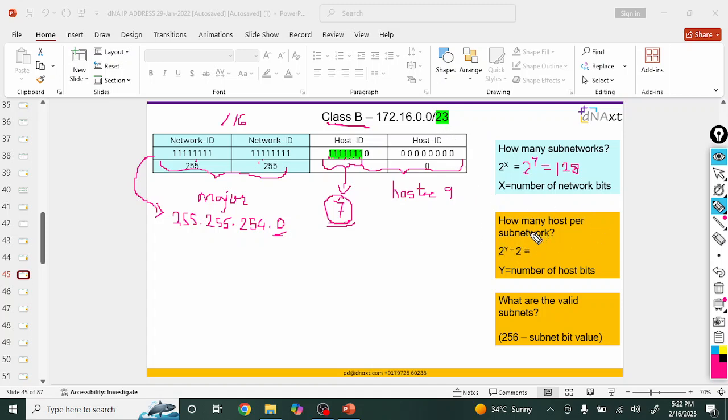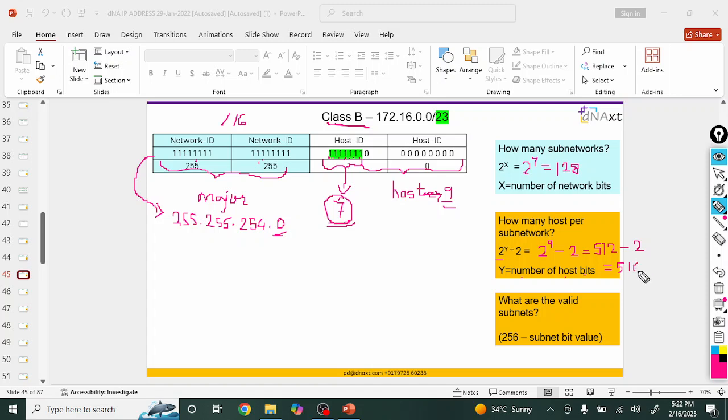How many hosts per subnetwork? The formula is 2 to the power y minus 2, and y is the number of host bits. How many host bits do we have here? 9. So 2 to the power 9 minus 2. 2 to the power 9 is 512, and we always subtract 2 from this number of hosts, because in each subnetwork one IP is designated as the network ID and another is the broadcast ID.